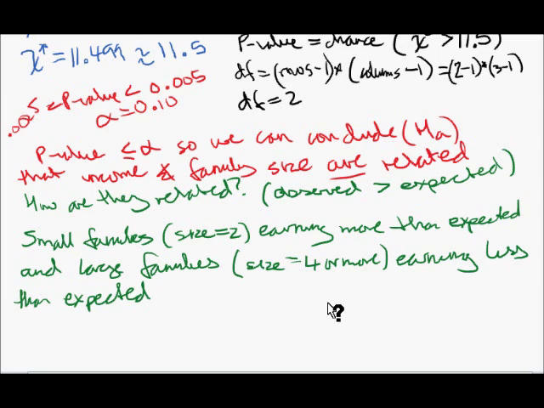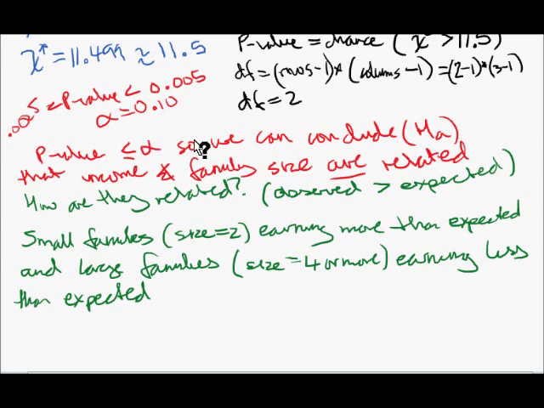Small with big, big with small. Small families, big income, big families, small income. But you don't have to say that, but you can if both variables are quantitative. If they're not quantitative, like political affiliation or sex, you can't do that. But here we could. So that is the conclusion for this particular problem.